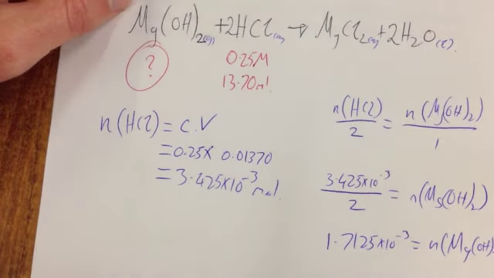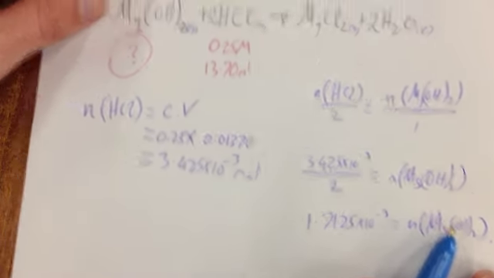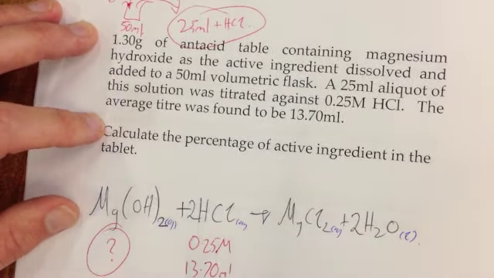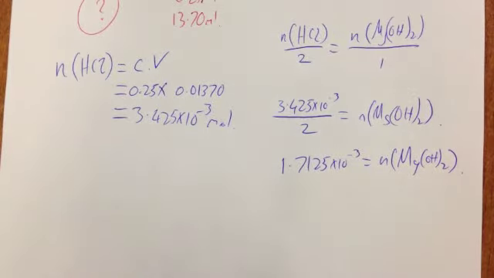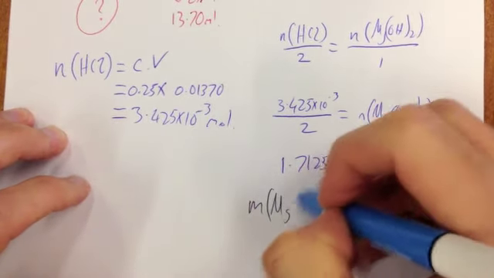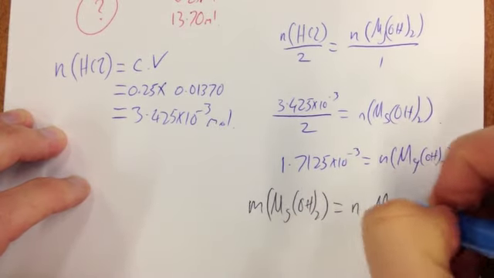So, I have my number of moles of magnesium hydroxide. What am I working out? Percentage of active ingredient. So that means I need to get a mass, because I started off with a mass here as well. So, my mass of Mg(OH)2 equals number of moles times molar mass.